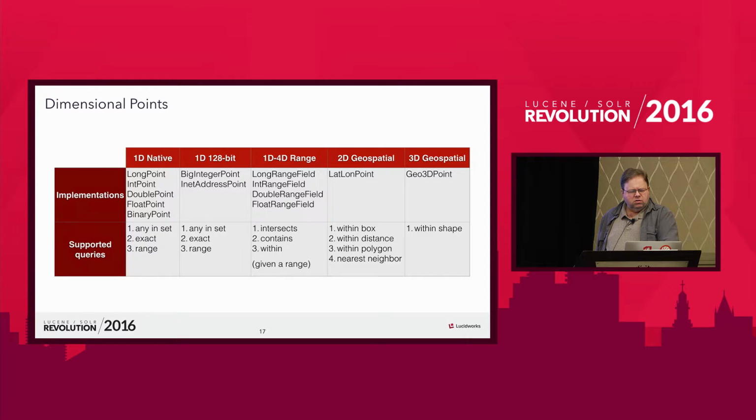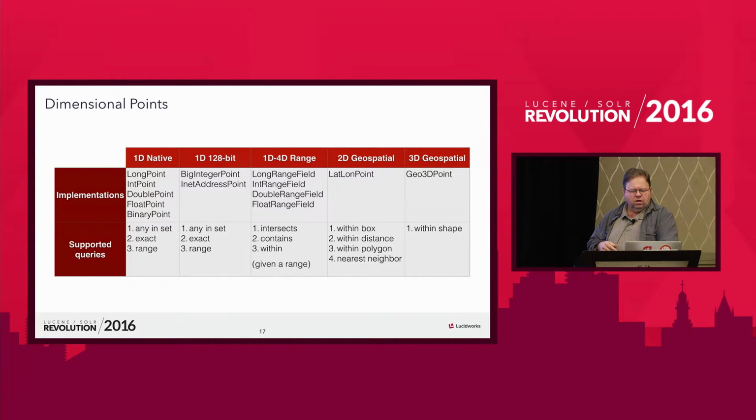And the queries it supports are any and set. This is similar to a terms query where you give a set of terms and then a disjunction is performed over them. Any one of them matching will return a hit. Exact, which is just, at the moment anyway, implemented as a range with begin and end point the same, and of course range there.